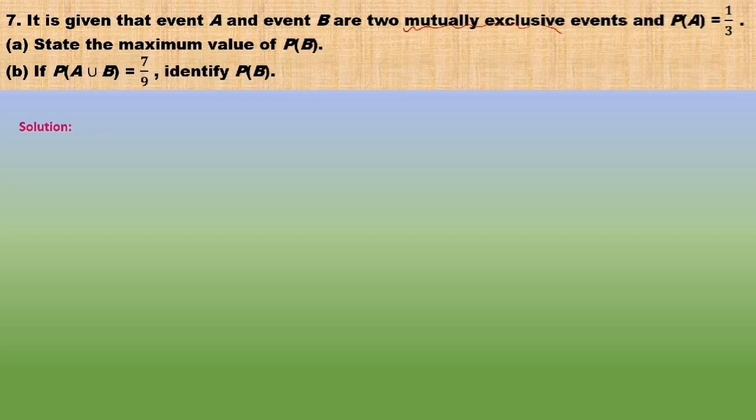Mutually exclusive for A and B means set A does not intersect with set B. Probability for A is 1 over 3, so what is the probability for B? Probability for B is 1 minus 1 over 3 equals 2 over 3.